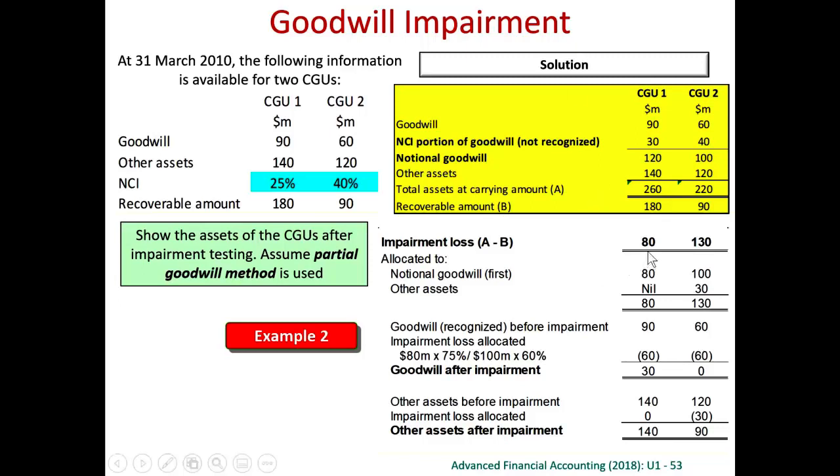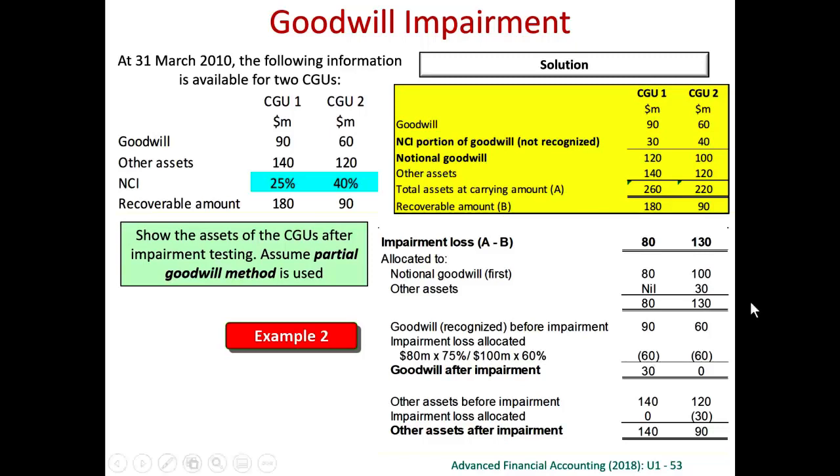So instead of debiting everything, you can only account for 75% of the impairment, because you did not recognize 25% for the non-controlling interest. So that's why out of this 80 that you want to credit goodwill, you can only credit goodwill 75% of the 80. So that's why we credit goodwill 60 and we debit impairment loss 60.